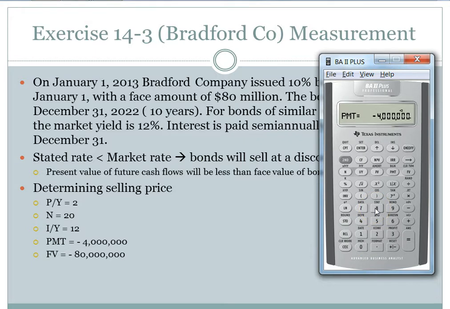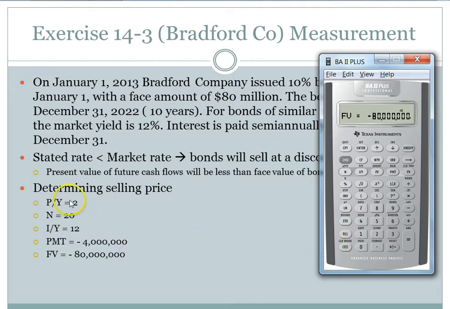In 2022, the company is going to pay $80 million. I'm going to put that in as a negative as well as the face amount. All right, so far what I've done is I've inserted $4 million as my periodic interest payment and $80 million as my face amount that is going to be distributed 10 years from now.